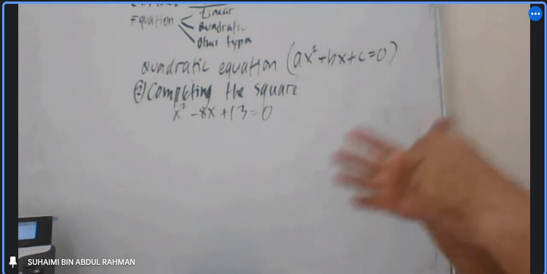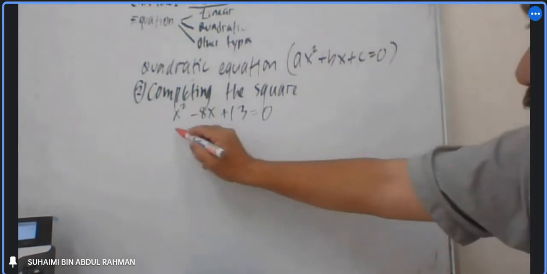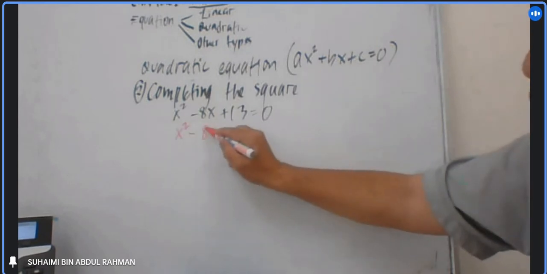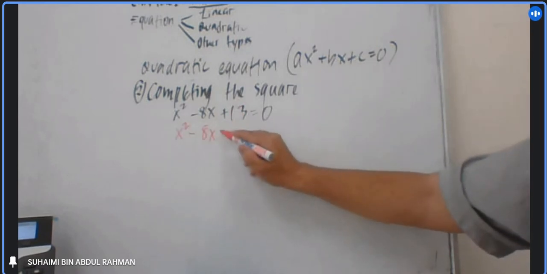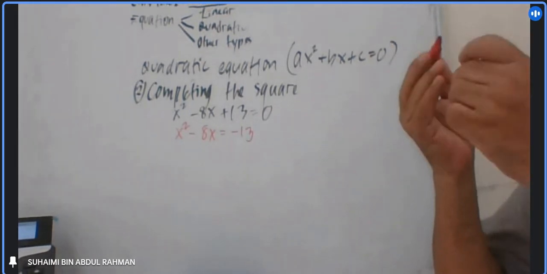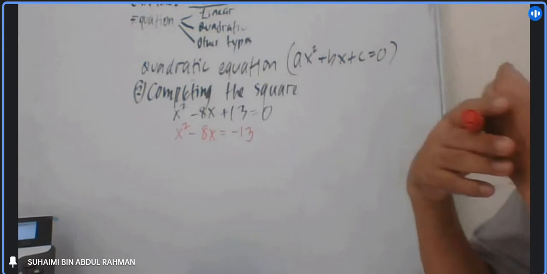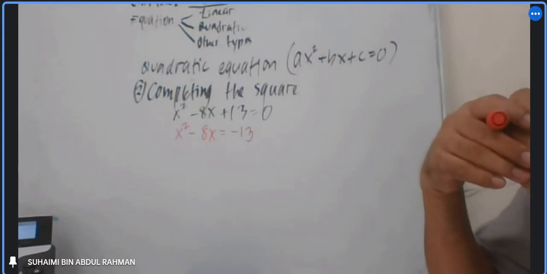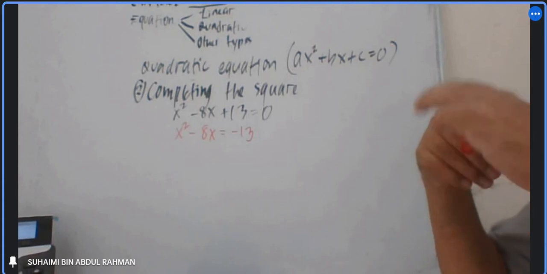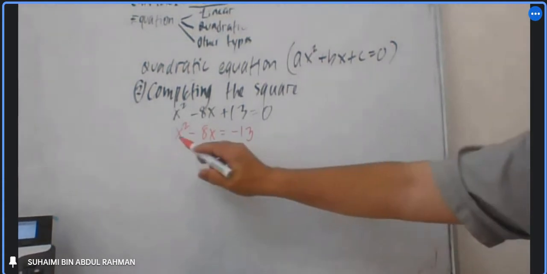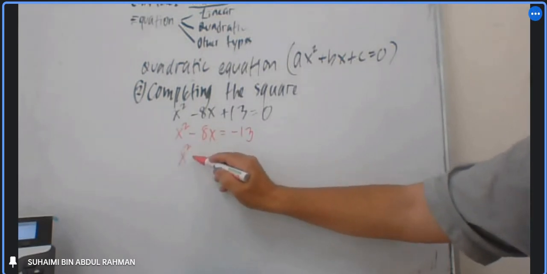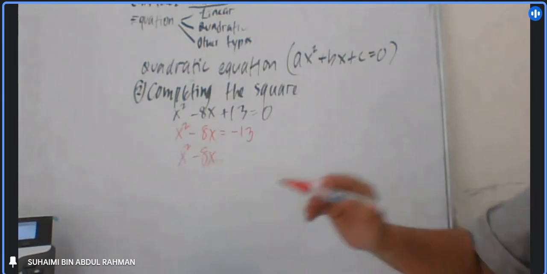Okay. Next step, because the coefficient is 1, we bring 13 to the right. So we have minus 13 here. X squared minus 8x equal to minus 13. And now, complete the square for x squared minus 8x.